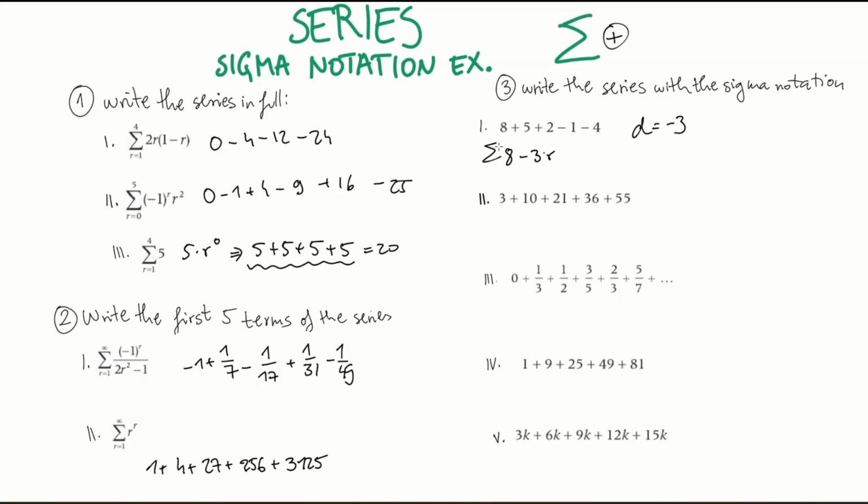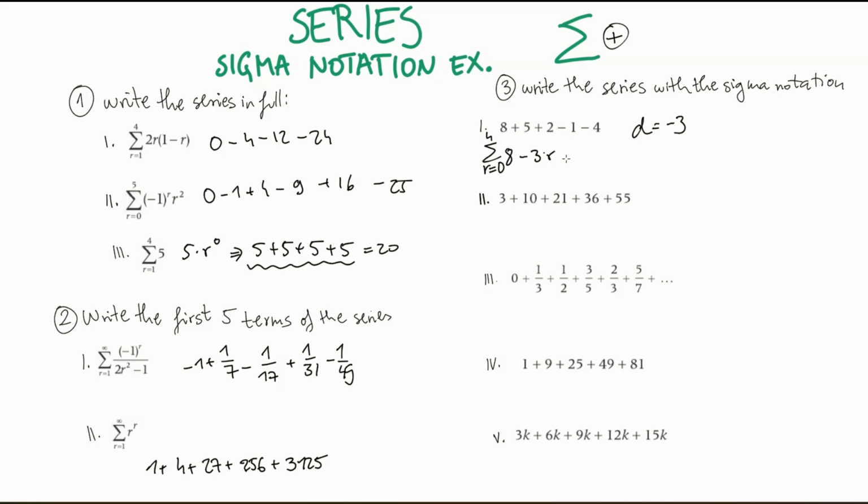And I just write the sigma notation here, and now I decide about the bounds. If I put the sigma notation running from 1 to some number, my first term is going to be 8 minus 3, which is already 5. So I can just do a little trick and say that it's running from 0 to, since we have 5 terms and starting at 0, I will just write 4.